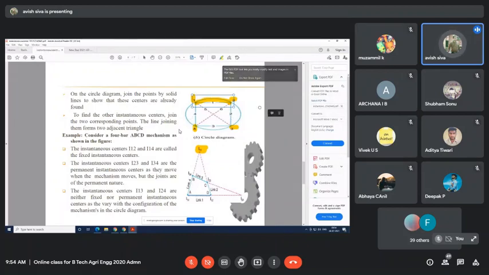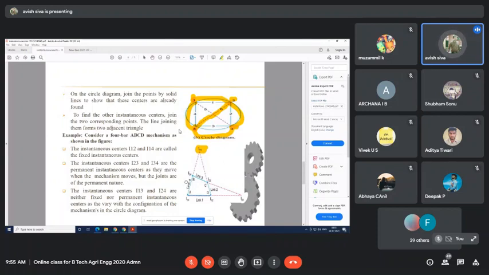I12 and I14 you have to extend. Similarly, I23 and I34, so that you will get this one. Extend this way, extend here, and similarly extend this, so that you will get your I24.